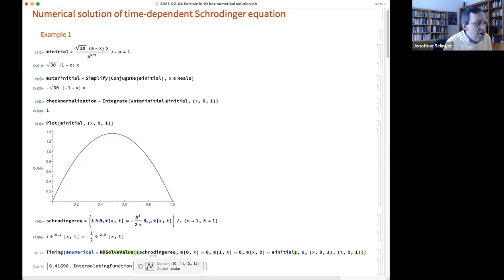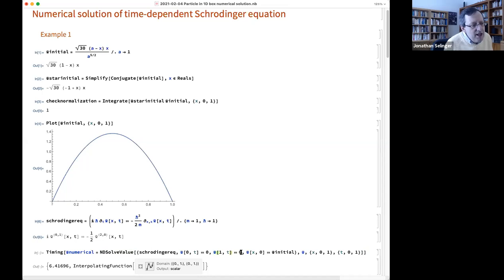So I want to solve the differential equation. I want to solve a boundary condition that psi, when x equals 0, is equal to 0 for all time.